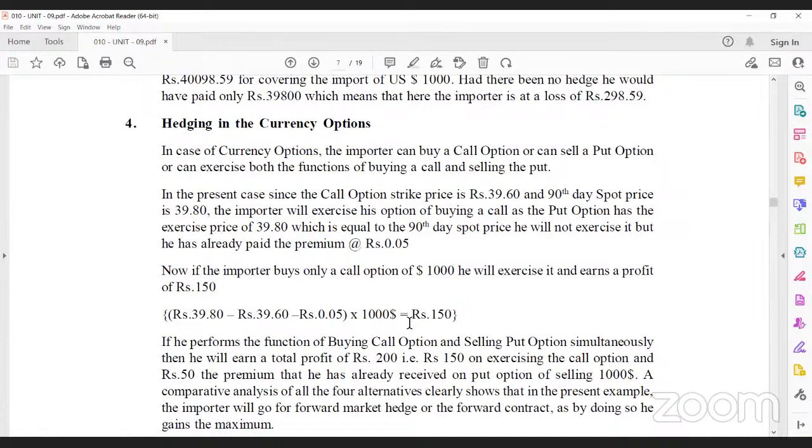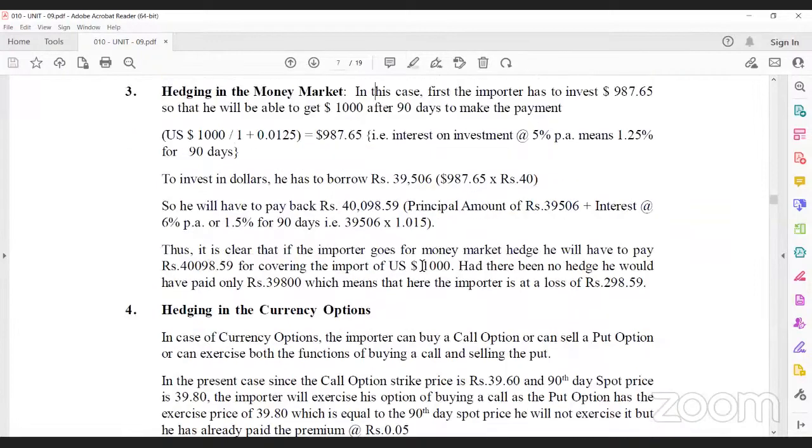So a comparative analysis, if you see, out of all the four alternatives that we have discussed, no hedging, forward hedging, money market hedging, and currency option, the importer will go for the forward market. Now, because he gets a maximum gain in forwards.